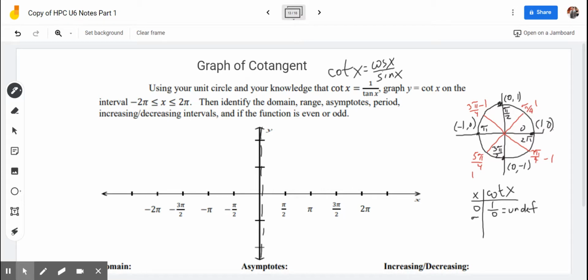So we're actually going to have a vertical asymptote on the y-axis there at x equals 0. At pi over 2, we would have, again, x over y, so it's going to be 0 over 1, so it's going to be 0.